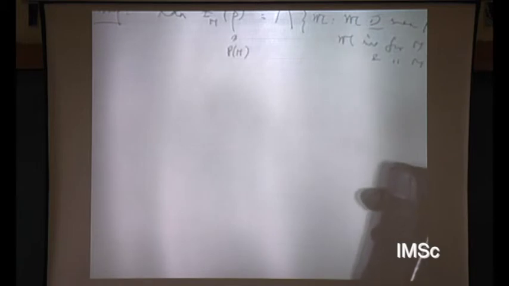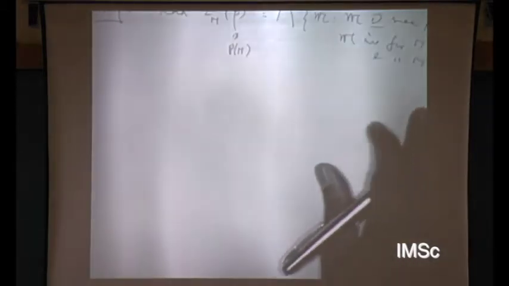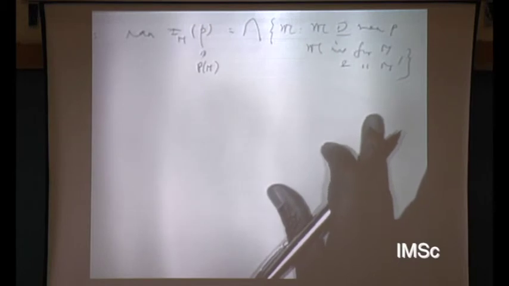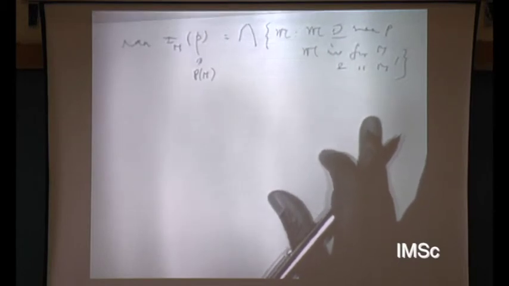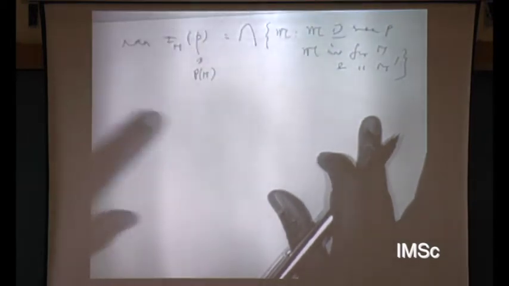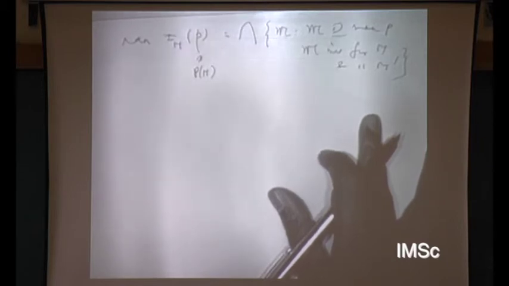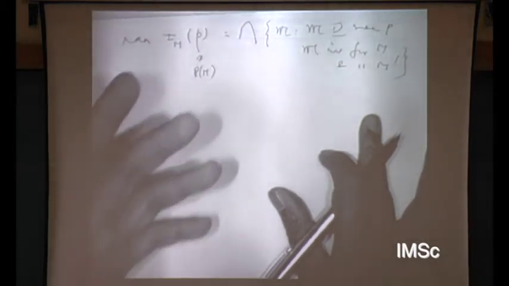That is what our previous analysis tells us. I have Z bigger than P, so its range must contain the range of P, and it must be in the center of M. That means it must be invariant under the commutant of the center of M, which is generated by M union M prime.